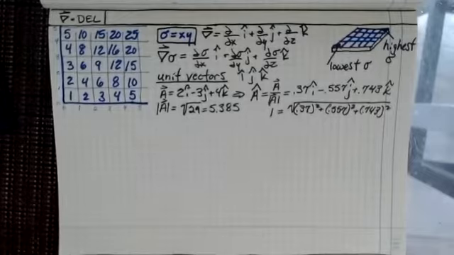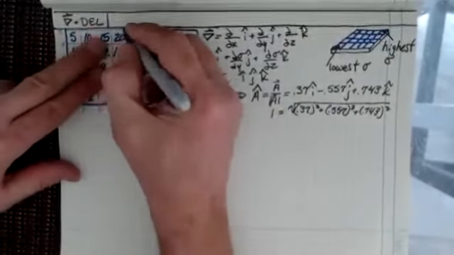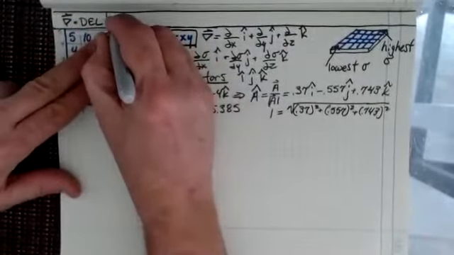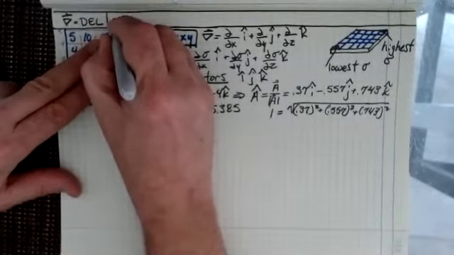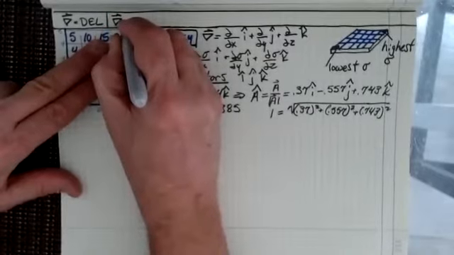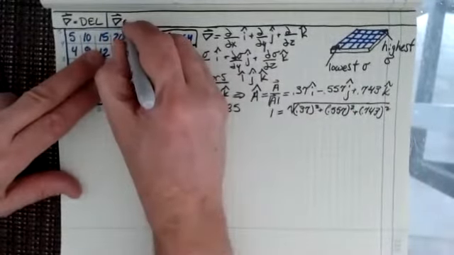And what I'm getting to, though, is this identity that if I have, I'll write it up here. If I have del times a thing, I'm just going to use this sigma.